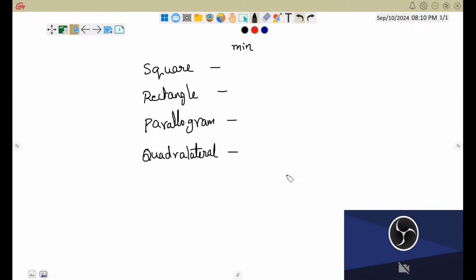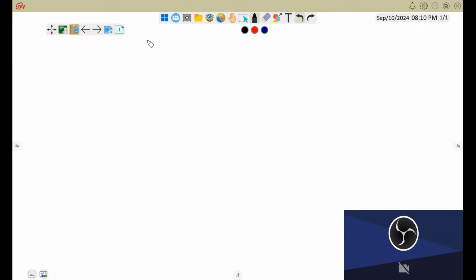Okay, let me start the next one. Yes. The next question is: according to the construction shown in the diagram below, what do we call segment CD? See, now there is a triangle like this and a line is like this.